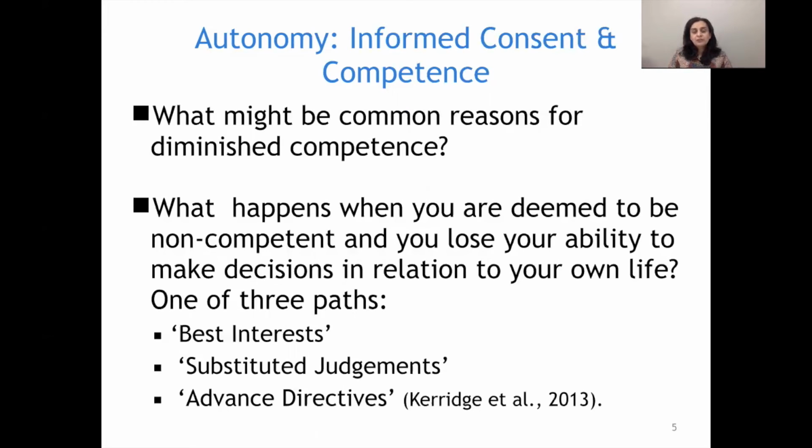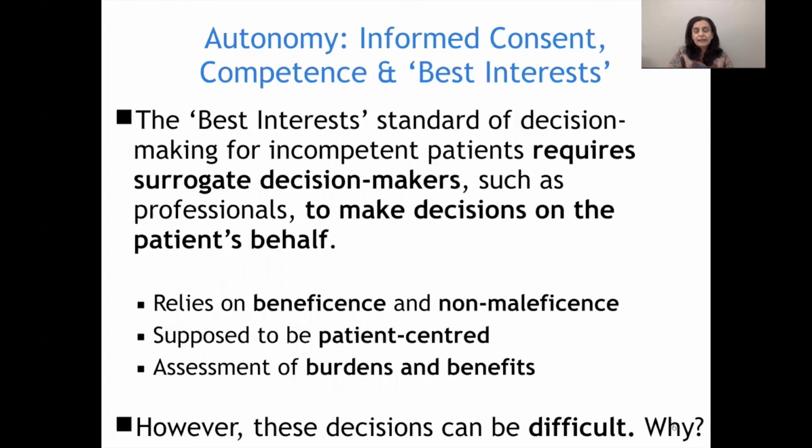In a situation where a client is assessed as not being competent or loses the ability to make decisions in terms of their own life, there's one of three paths which might be taken. There's the best interests principle, there's substituted judgments, and there's advanced directives. And again, these are outlined in your readings for this week. The best interest standard of decision making for incompetent patients requires surrogate decision makers, such as professionals, to make decisions on the patient's behalf.